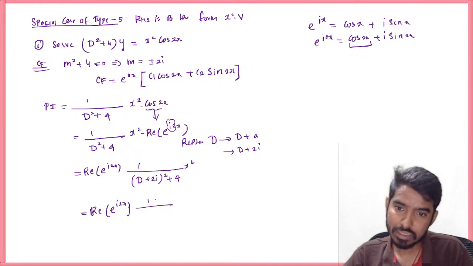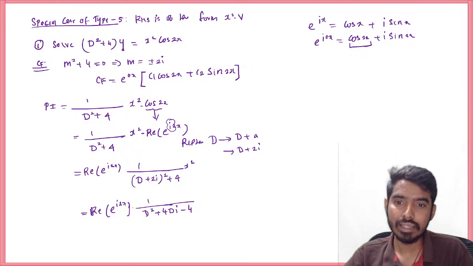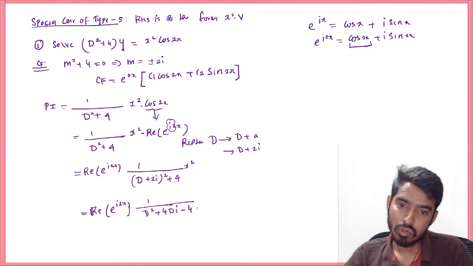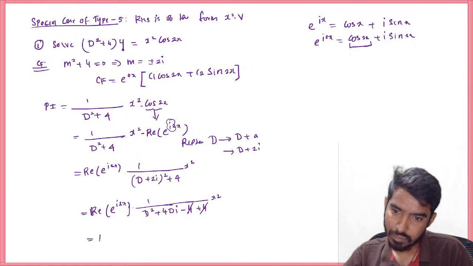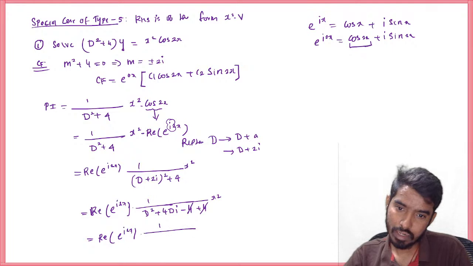Okay, so what about this term? a square plus 2ab plus b square. It will be 4 minus 4, right? Because i square is minus 1. So plus 4 of x square. So these two terms will get cancelled. So this will be real part of e power i 2x, 1 divided by.